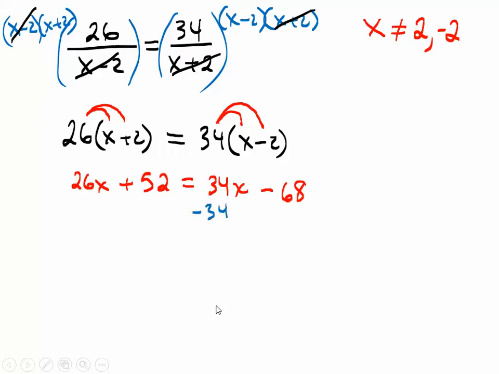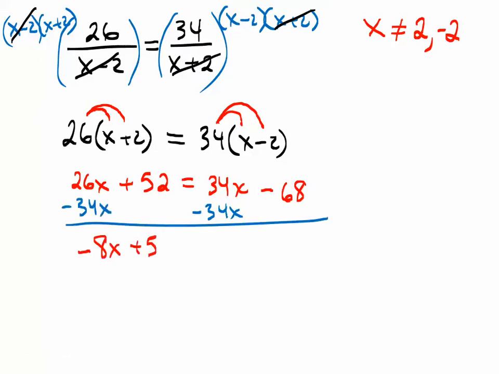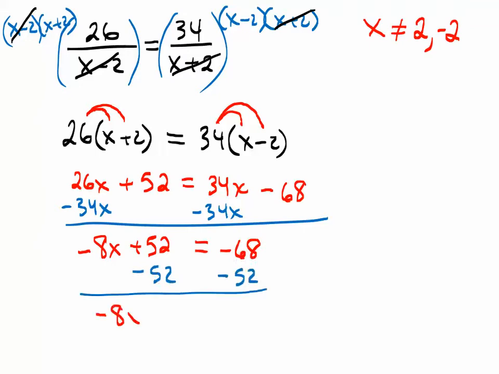All right, I would probably subtract 34x from both sides. I'm going to get a negative 8x. How about subtract 52 from both sides? Negative 120 divided by negative 8. Anybody with an answer?